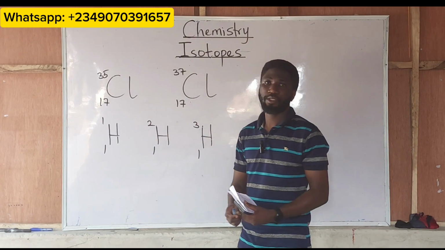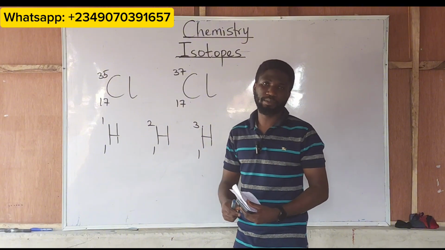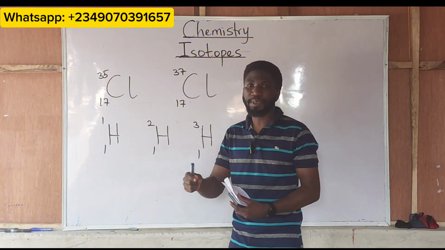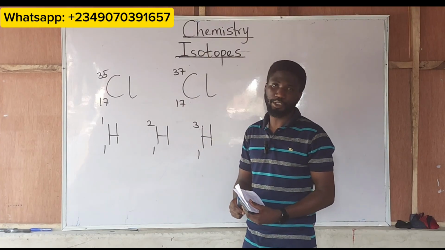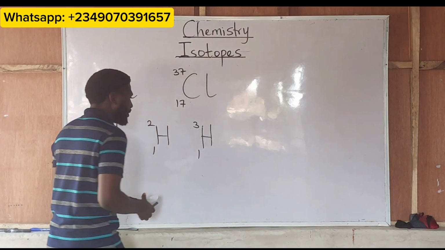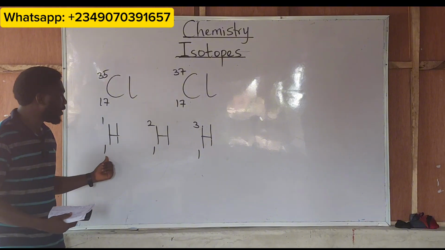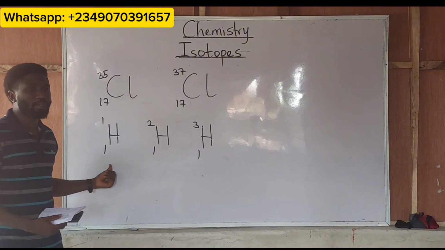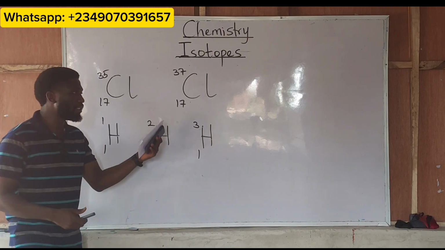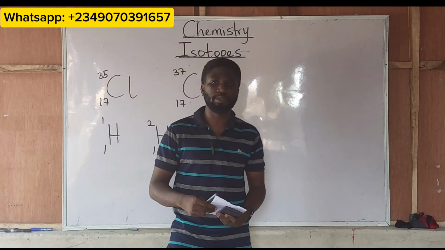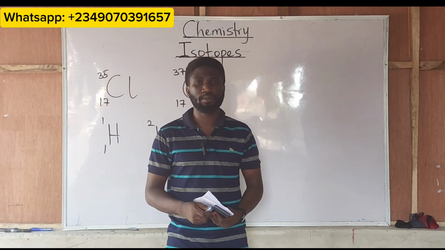We have this to be the deuterium or the heavy hydrogen. And we have this here to be the tritium. So as we have here, they all have the same atomic number but different mass number. So these are just two examples of isotopes.